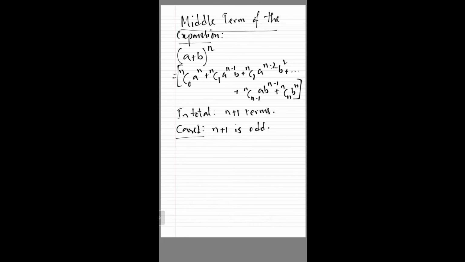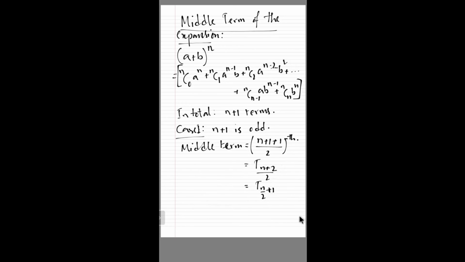That means there will be only one middle term, and that middle term should be the term (n plus 1 plus 1) divided by 2, where n plus 1 is the number of data. We can say it like t of (n plus 2) by 2, or also t of n by 2 plus 1.